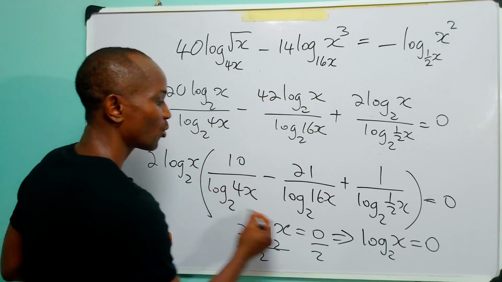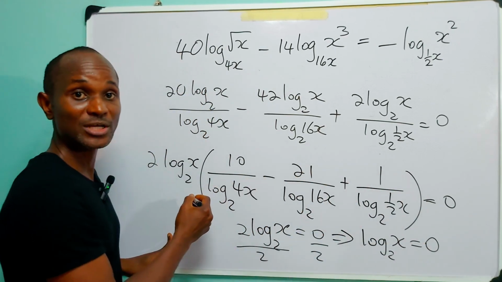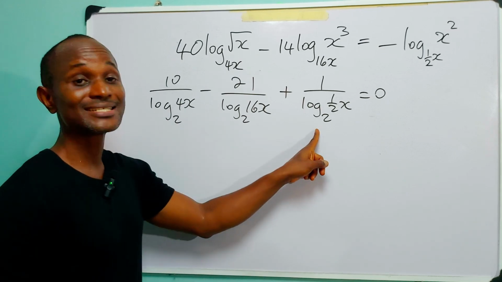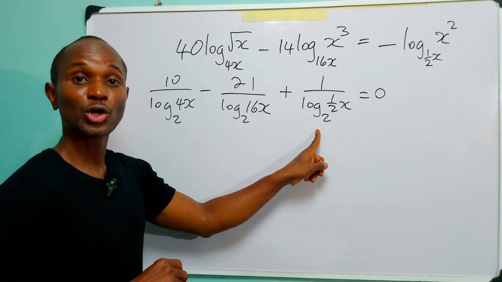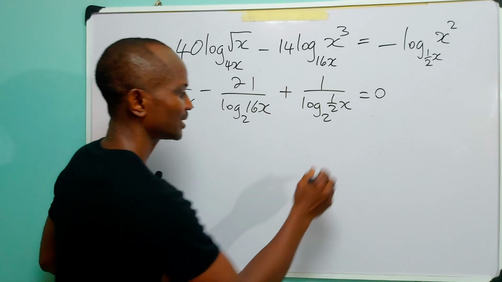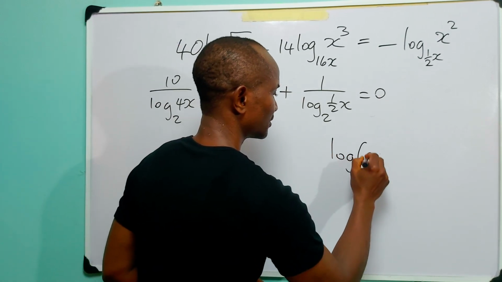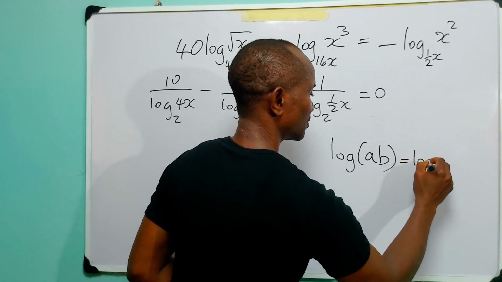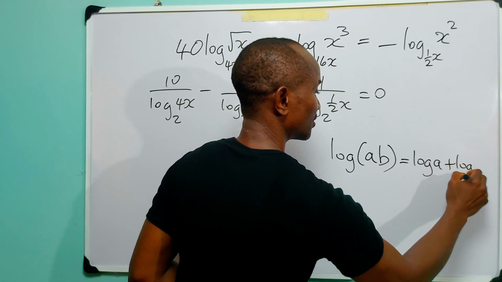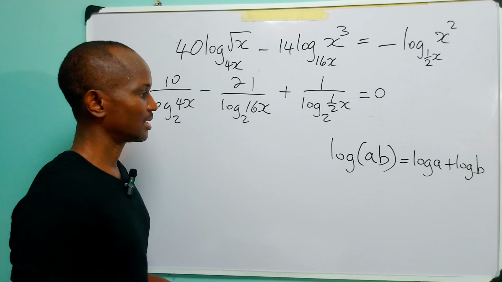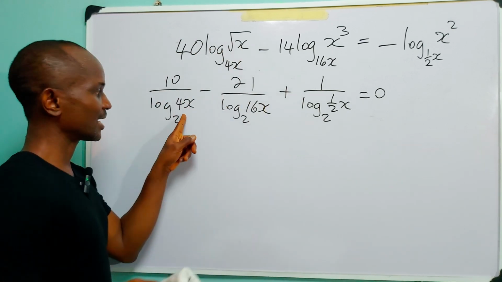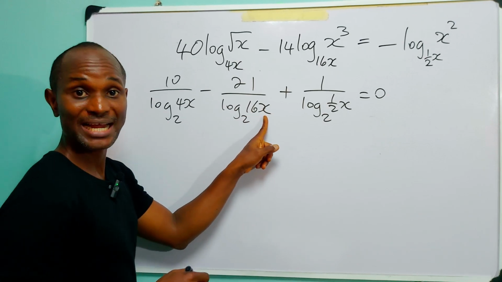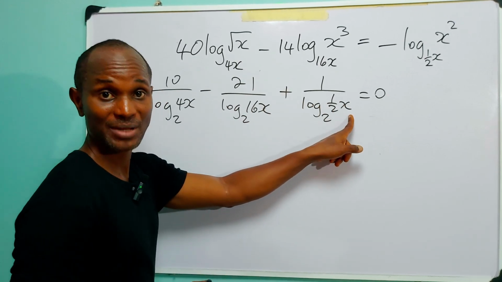What we now do is to go on to solve this part of the equation. The next step is to further simplify this expression by using the product law of logarithms. We know that log of a multiplied by b is equal to log a plus log b. And here we have 4 multiplying x, 16 multiplying x, and half multiplying x.